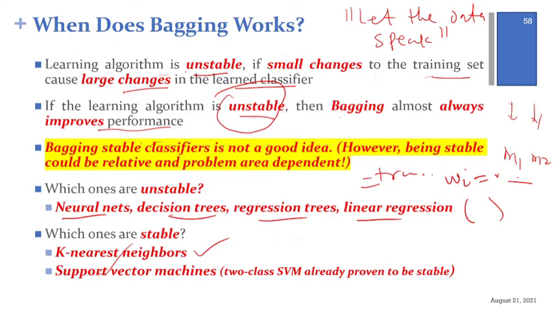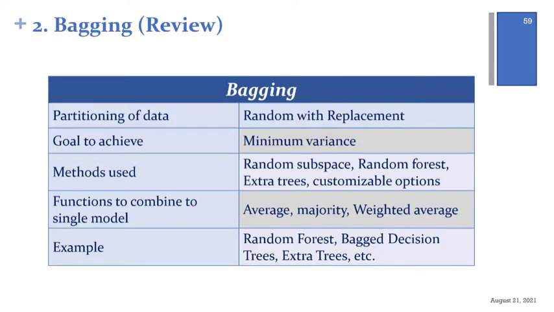Now, that is when those ensembles work. Towards the end, before we give a short demonstration: in bagging, we partition the data using random sampling with replacement mostly, except for the customized one.